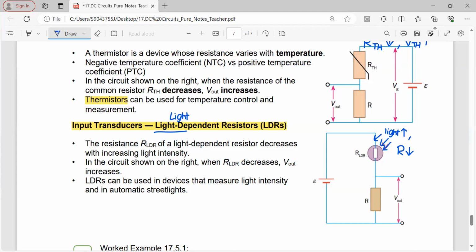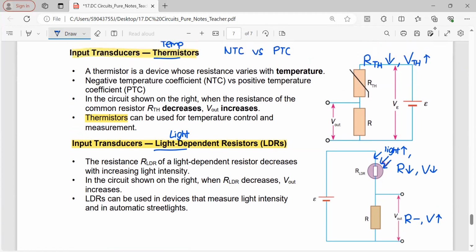Because the resistance here decreases, the voltage of the LDR decreases, causing the other resistor here, since its resistance doesn't change, the voltage increases for this component.